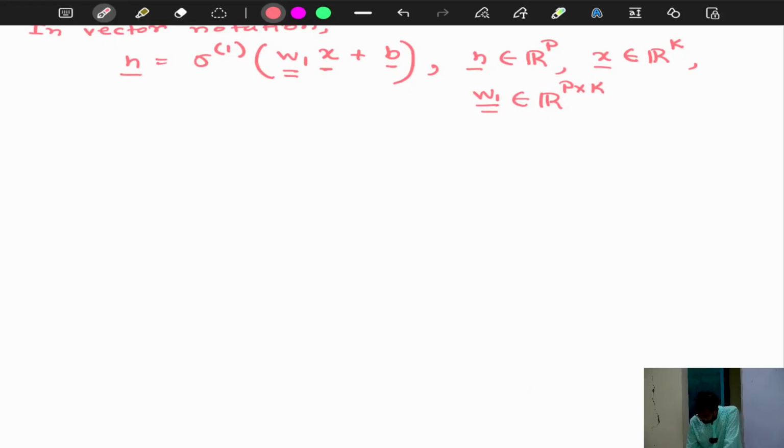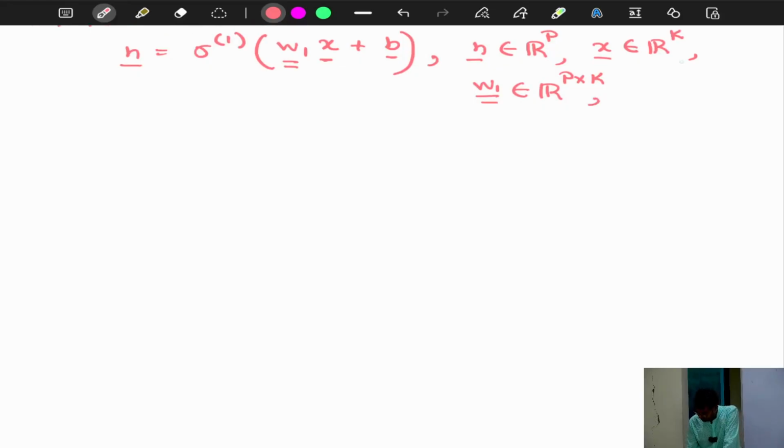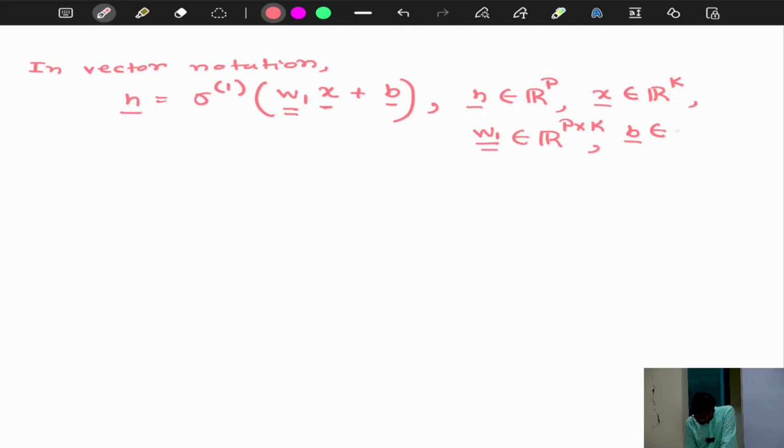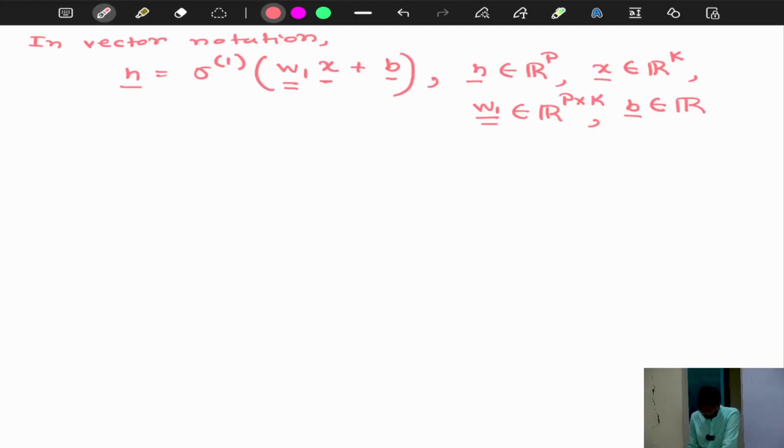What is remaining? B. What is the dimension of B? B's dimension should be the same as the H dimension, because remember each of the neurons has its own bias. So the number of neurons in H should be equal to the dimension of the bias. So R^P.